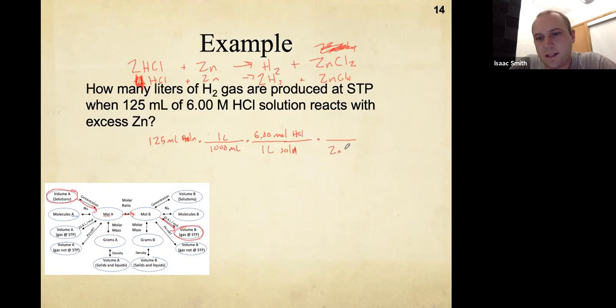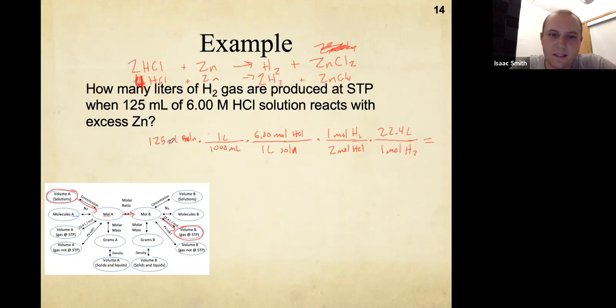But I'm just going to say 2 moles of HCl for every 1 mole of hydrogen gas. Now we've gone from moles of A to moles of B using the molar ratio. And now, since we're at STP, we can use 22.4 liters per mole. So for every 1 mole of hydrogen gas, it occupies 22.4 liters.